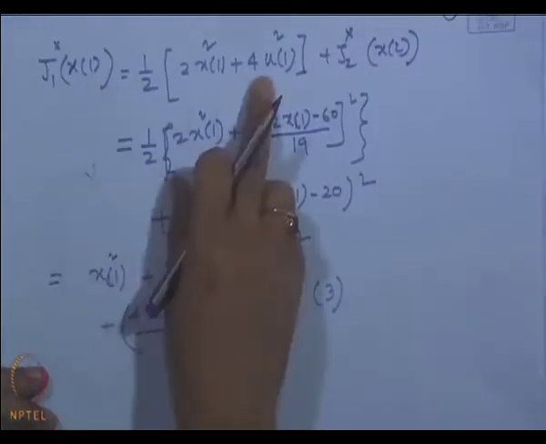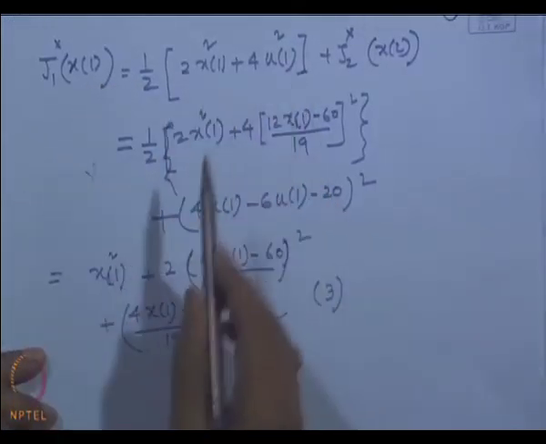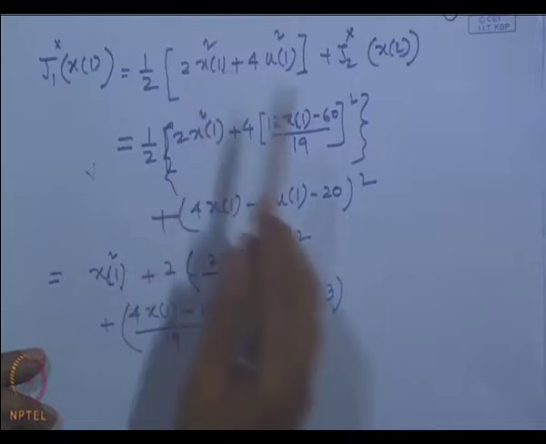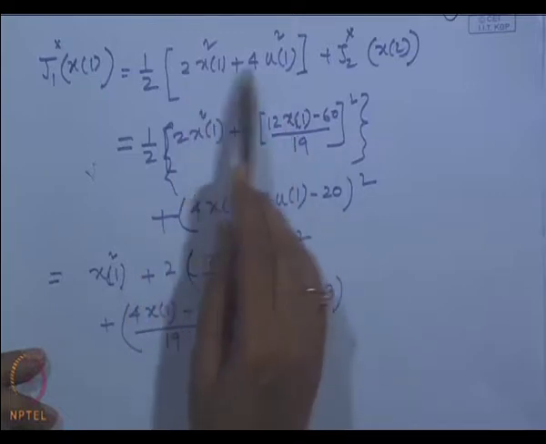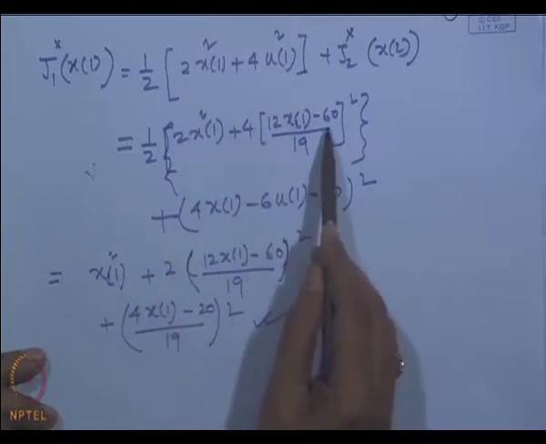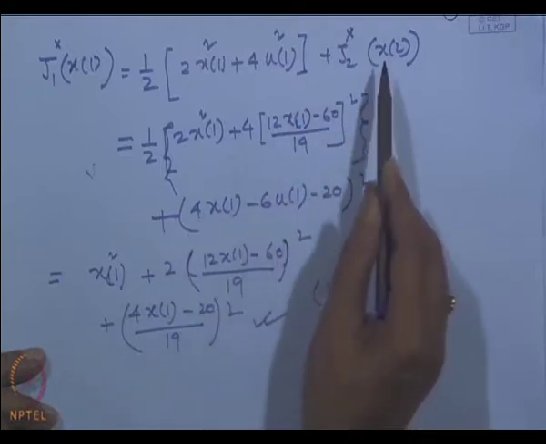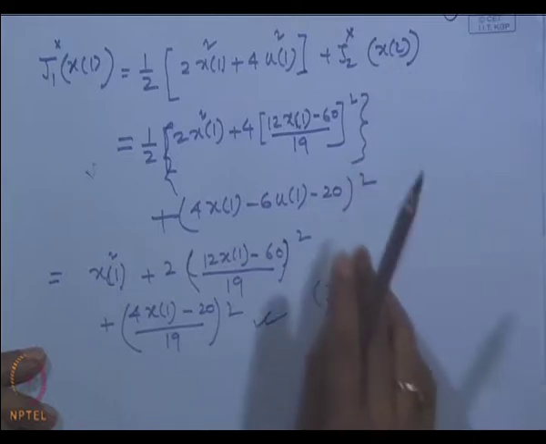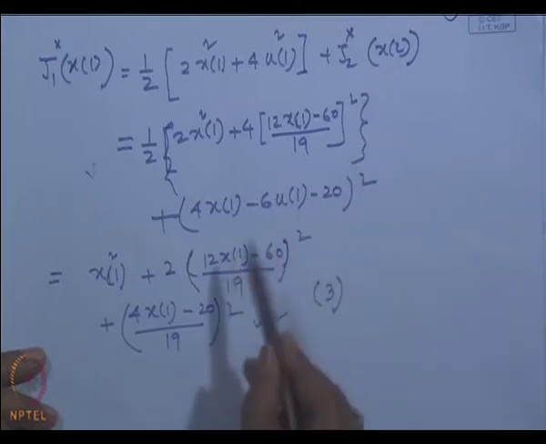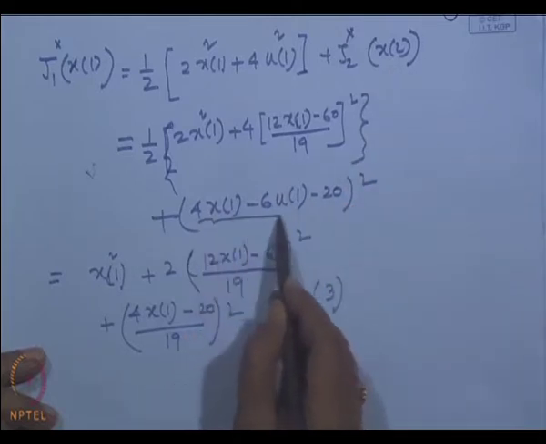If you use this expression in the J 1 expression, and you know x 1 this and u 1 in terms of x 1 I have written, and J 2 expression is nothing but x 2 minus 20 whole square, with x 2 replaced by that one.